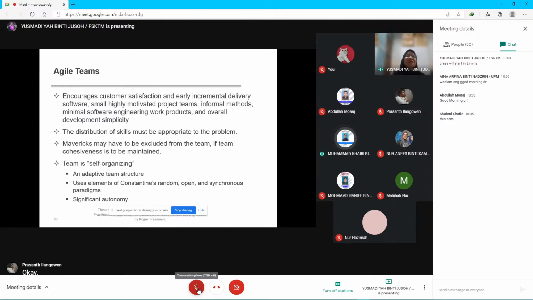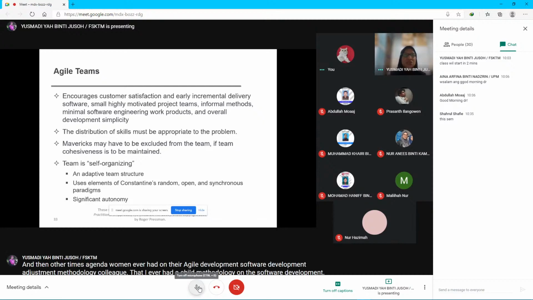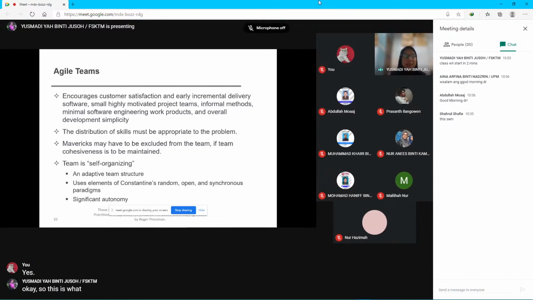Okay, agile team. Have you heard of agile development? Ever heard of agile methodology in software development? Okay, so this is what we call an agile team, not agile methodology, but the spirit of agile is there.